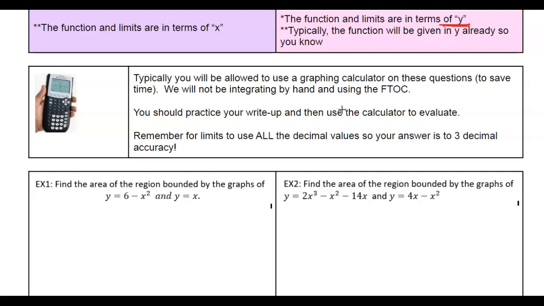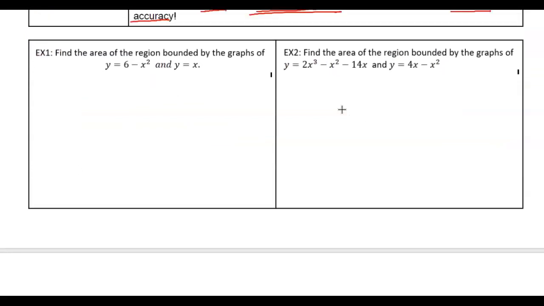Remember, you do want 3 decimal accuracy, so if your limits are decimals, you need to use all the decimal values on your limits. Otherwise, your answer won't be to 3 decimal place accuracy. You can chop off your 3 decimals or round. They don't care, so I don't care. All right, so let's show what the work needs to look like.